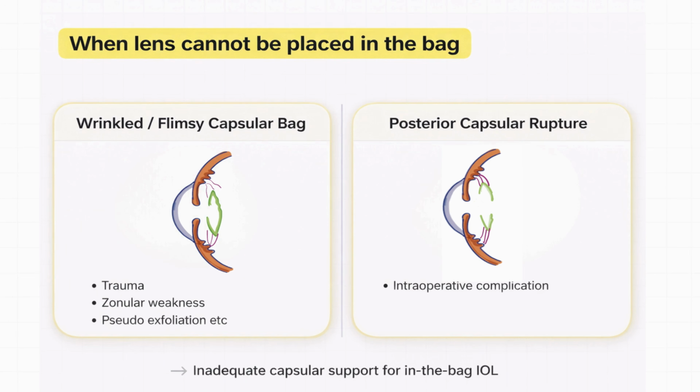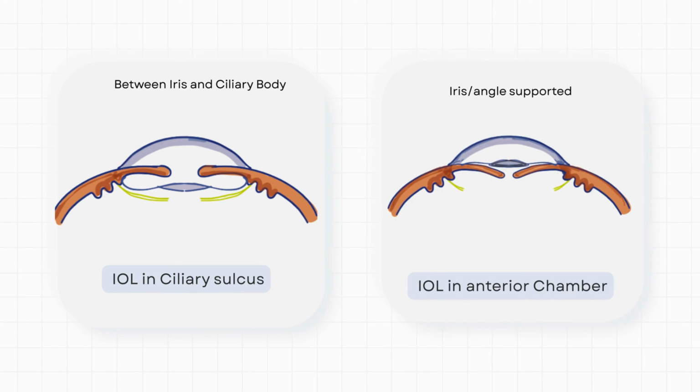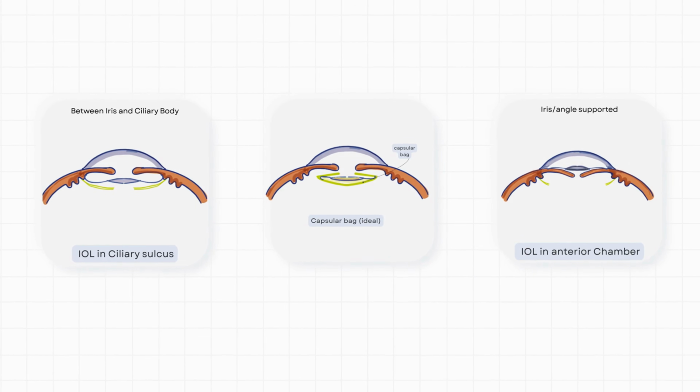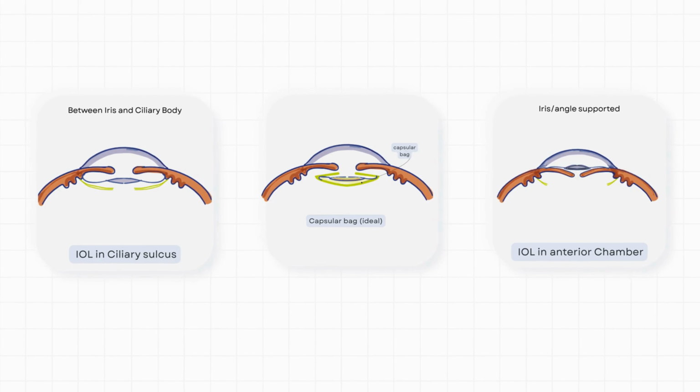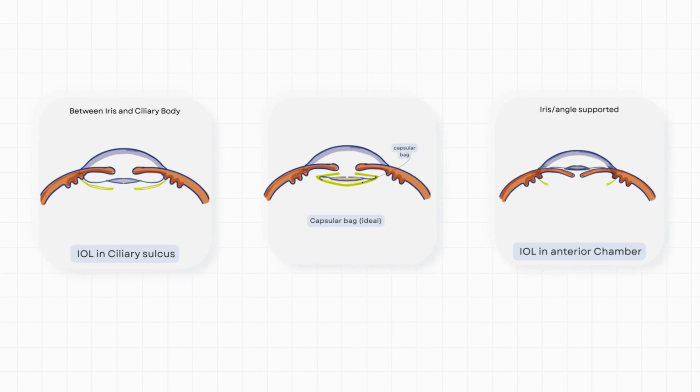In such cases, lenses may be placed in the ciliary sulcus or fixated to the iris, or in selected cases placed in the anterior chamber as well. For now, it's important only to know that IOLs can sit in different anatomical locations and not just in the capsular bag. We'll analyze their optics and complications later in the series.